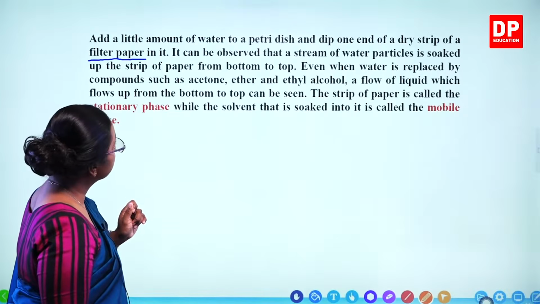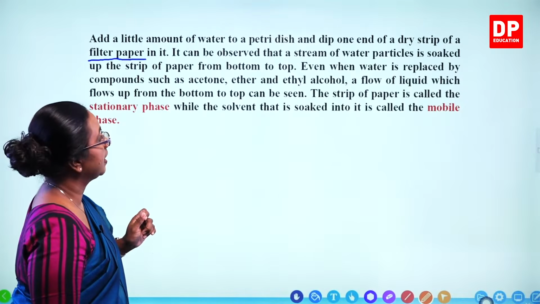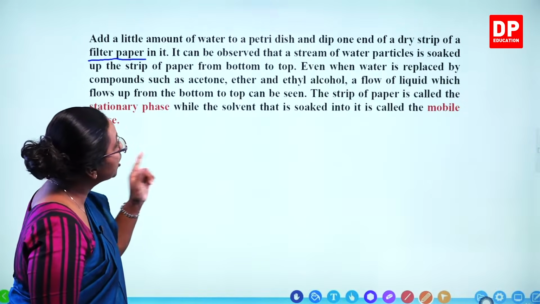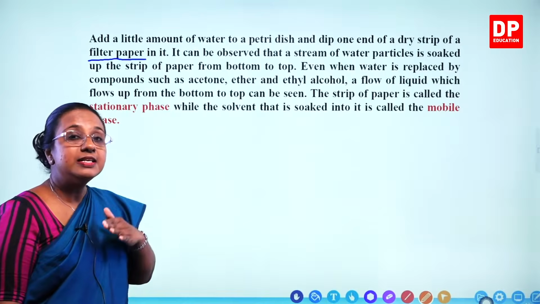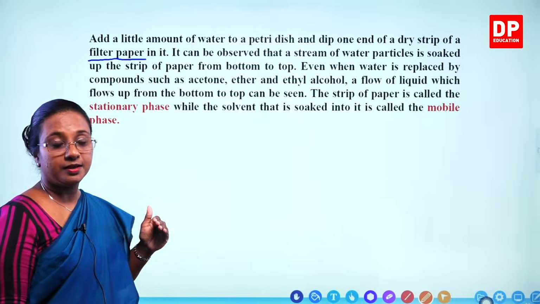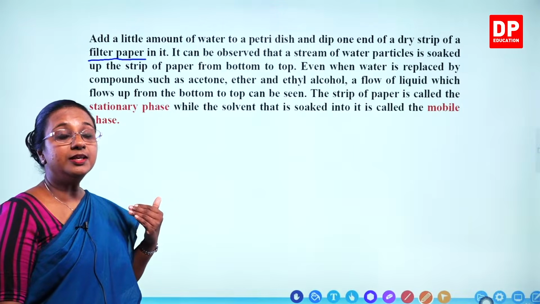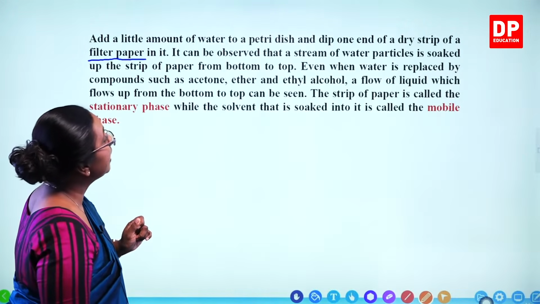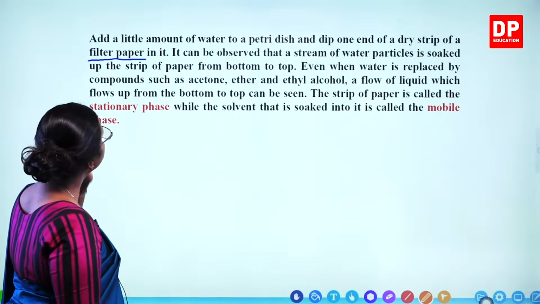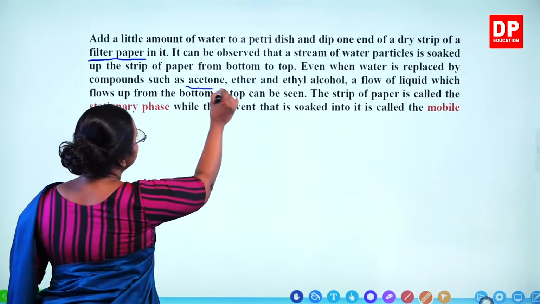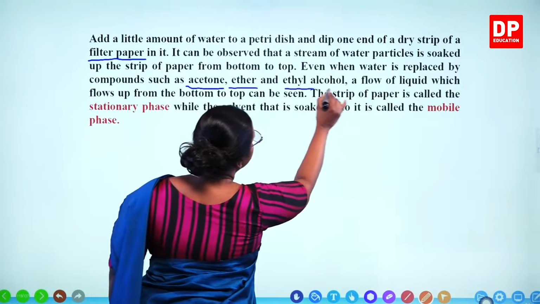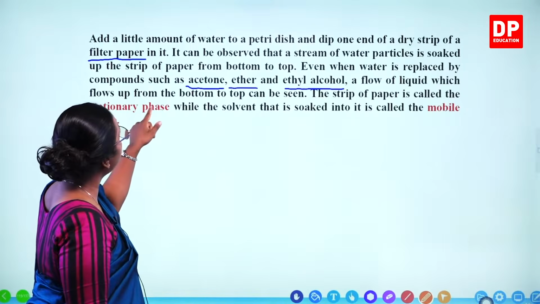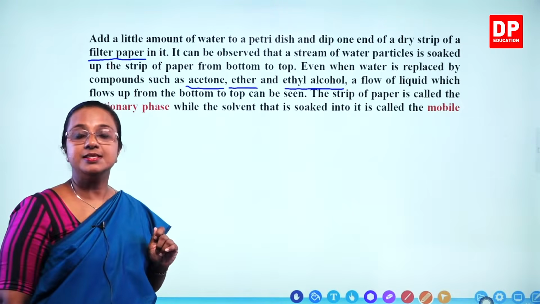It can be observed that a stream of water particles is soaked up the strip of paper from bottom to top. That is the movement of water. So, what do we call water? That is the mobile phase. Even when water is replaced by compounds such as acetone, ether and ethyl alcohol, a flow of liquid from the bottom to top can be seen.